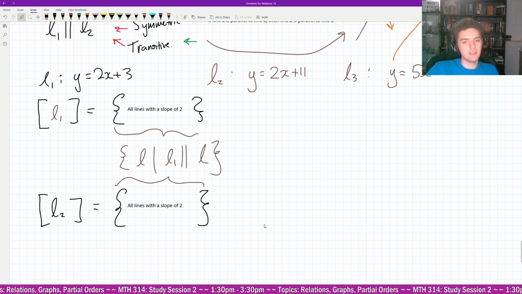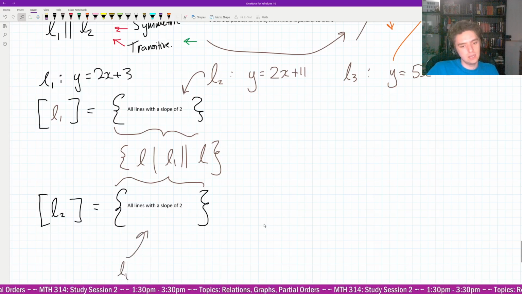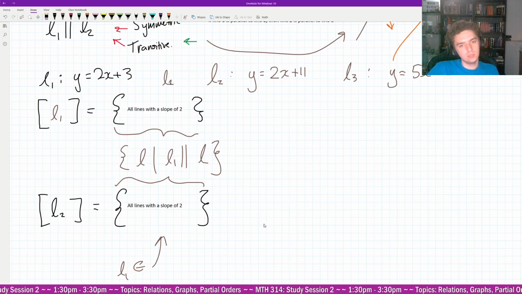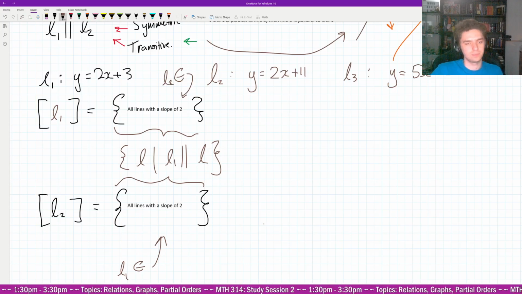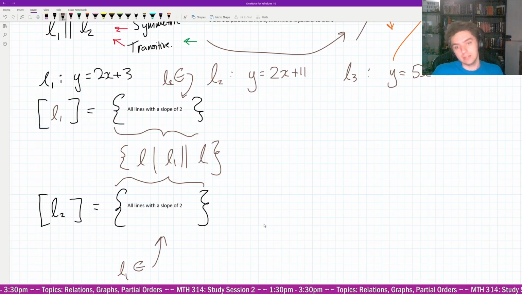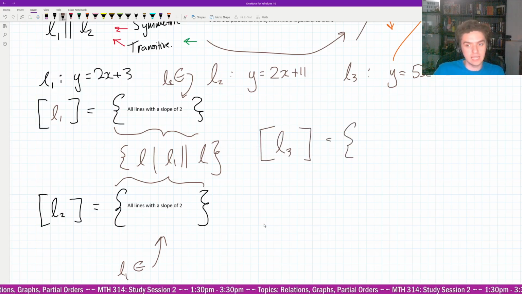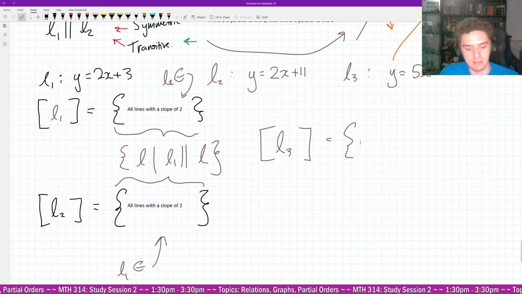And that comes from the fact that line 2 is in this, and line 1 is in this. Line 1 is an element of this, and line 2 is an element of this. Line 3, if I were to make the equivalence class of line 3, this would be different now. This would be the set of all lines with a slope of 5.